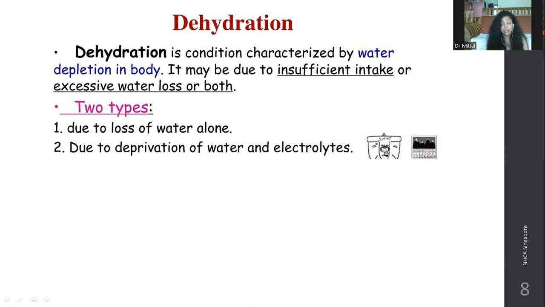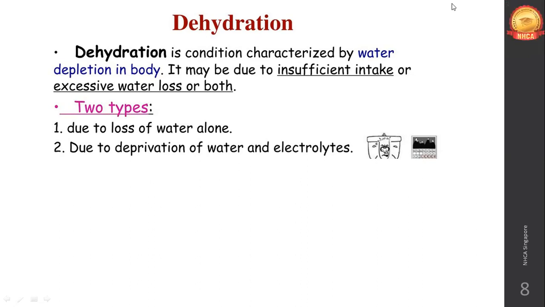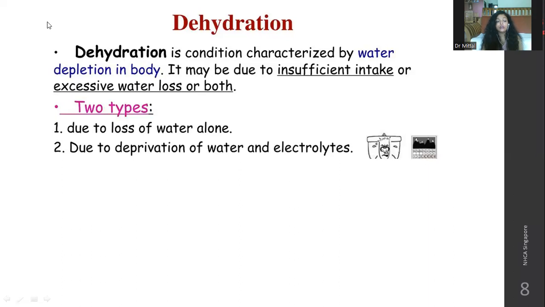Either you are not drinking enough water, or you are drinking an adequate amount of water, but there is excessive water loss. And in some situations, both can happen. So excess water depletion from the body is what we call dehydration. That is the meaning of dehydration.